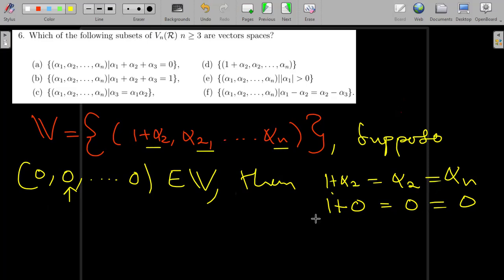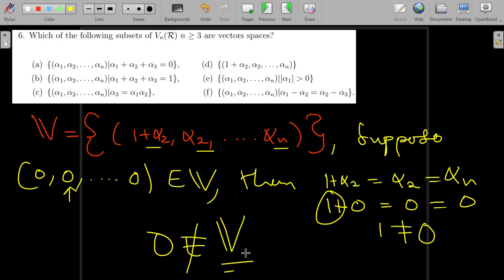But you see that we have a 1 here, so 1 will never be equal to 0. So it means the 0 vector here is not a member of this vector space V. So if the zero vector is not there, then it won't be a vector space. So that one won't be a vector space.